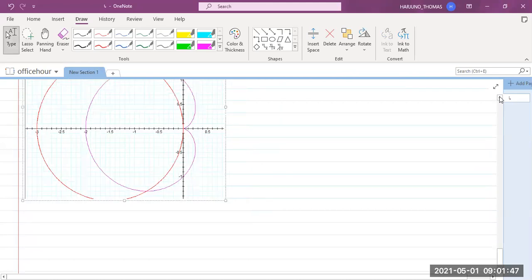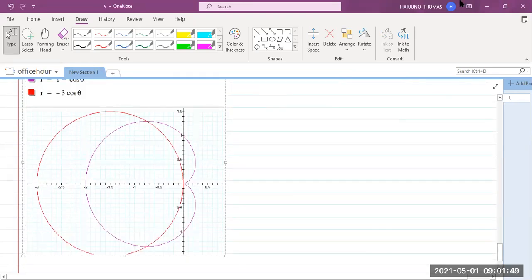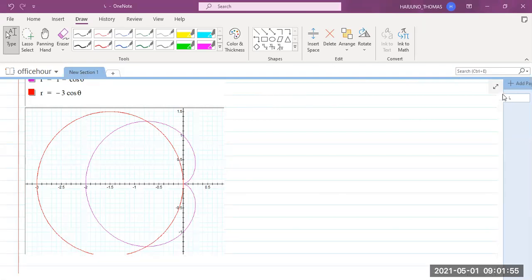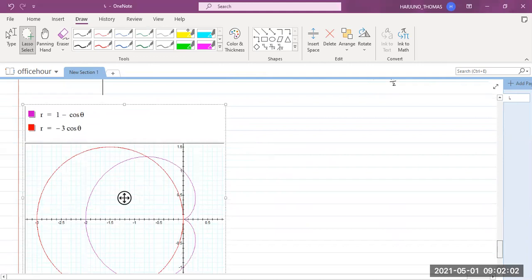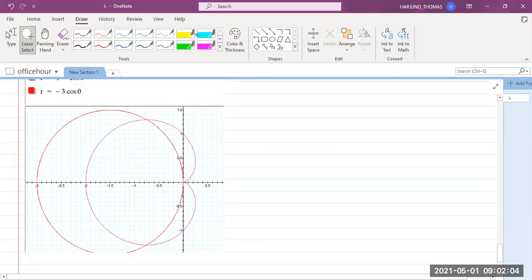So what happened is this. I have a chat coming in: shouldn't the first integral go to 2 pi over 3? No. The reason is, if you see here, the first part of the integral, I have the heart only in full. Only this part. There's no red circle in there.